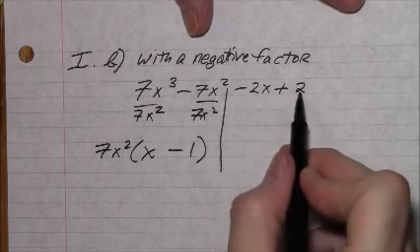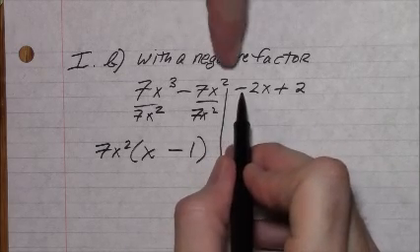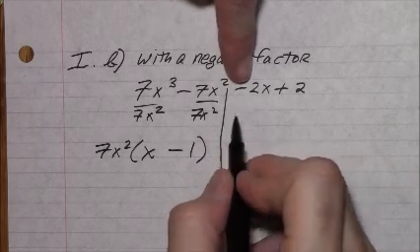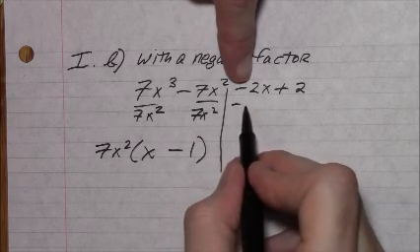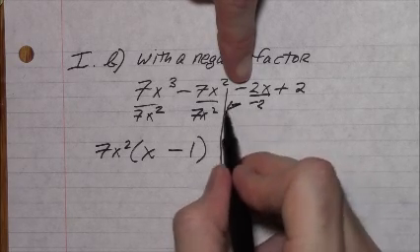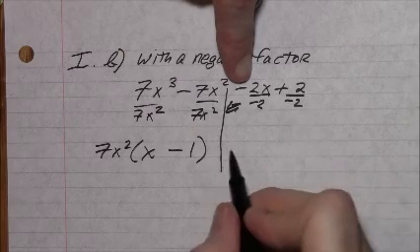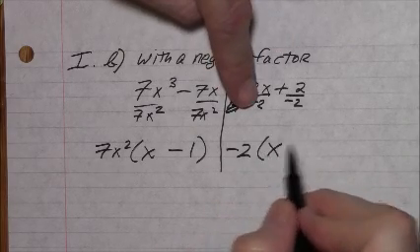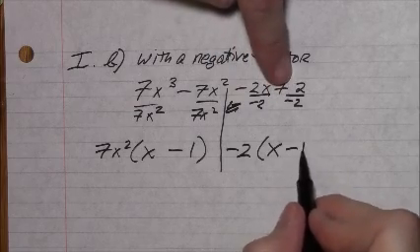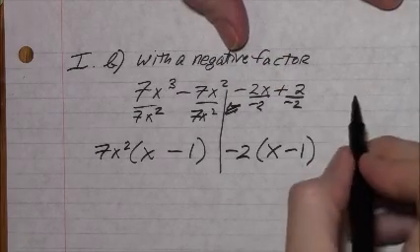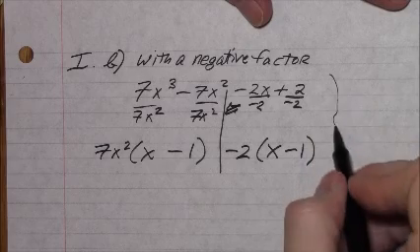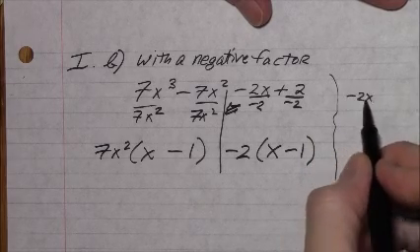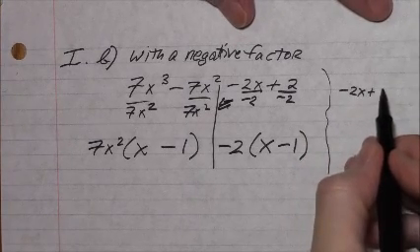Over here, I can take a 2 out, but here's the key thing. When this number is negative, you make it a negative number that you take out. So I'm going to divide both of these by a negative 2. So that means it's going to be a negative 2 here. The negatives make that positive, x, and a negative 1. If I didn't do it, I would have a problem, and here I'll show you why. Negative 2x plus 2.